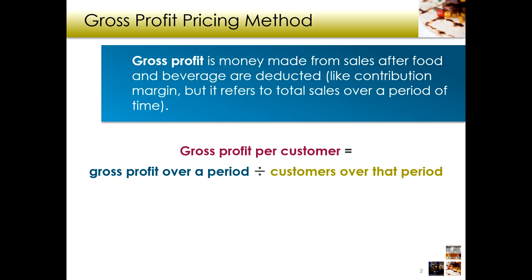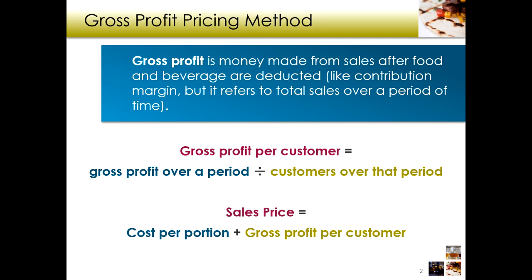So with the gross profit method, we determine a gross profit needed that we add to the cost of every dish in order to pay for our labor costs, our rent, and things like that, based on the volume that we're selling. You can see the formula they've got up here. Gross profit over a period divided by the number of customers in that period will tell us our current gross profit dollar per person that comes into the store.